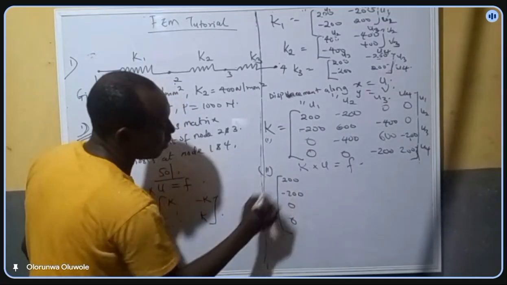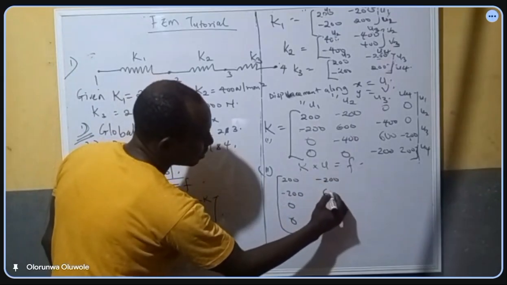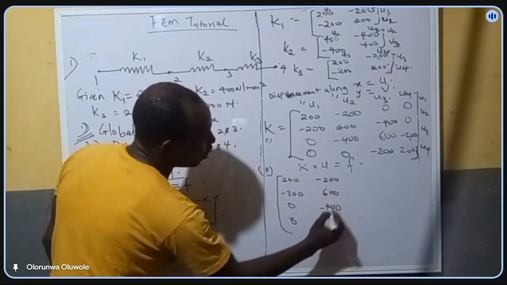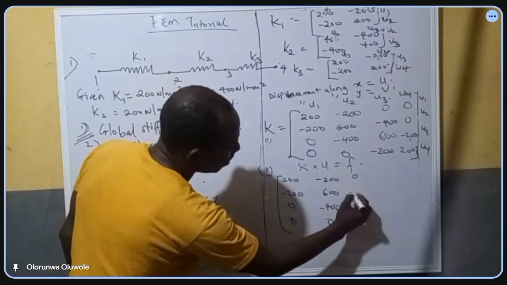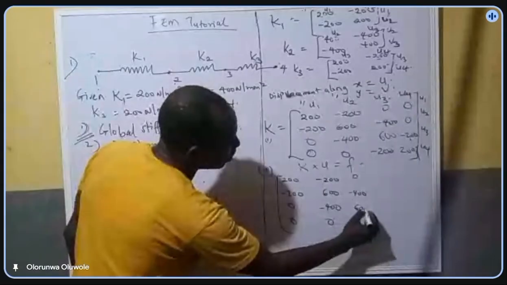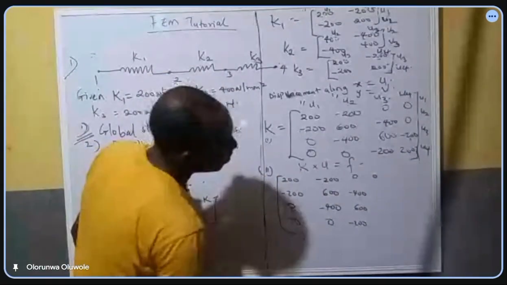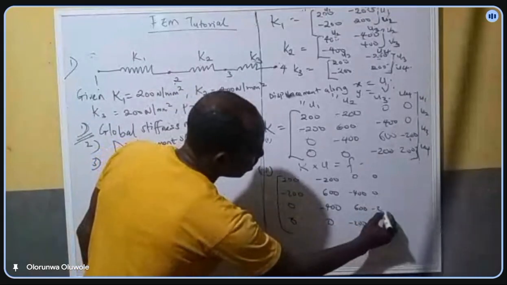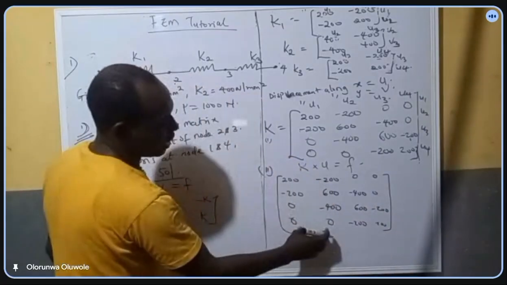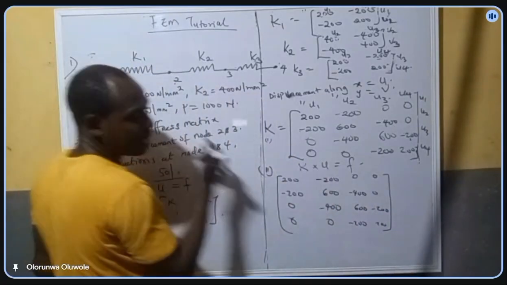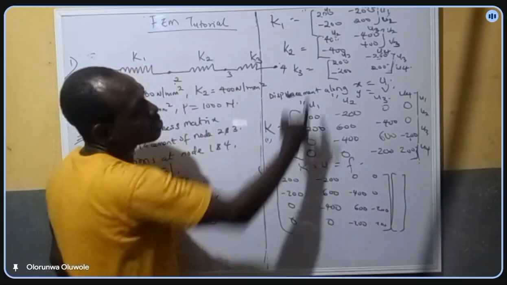I'm going to example 2 now. I want to find the displacement. Then minus 200, 600, minus 400, 0. Then 0, minus 400, 600, minus 200. Then 0, 0, minus 200 and also 200. This is your K. Then your displacement U is from 1 to 4.